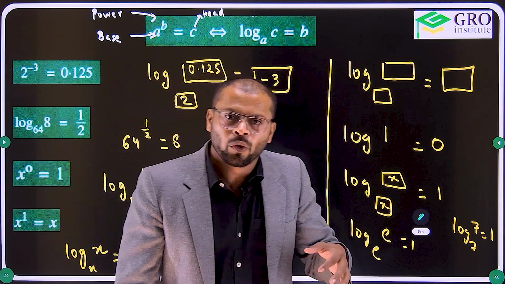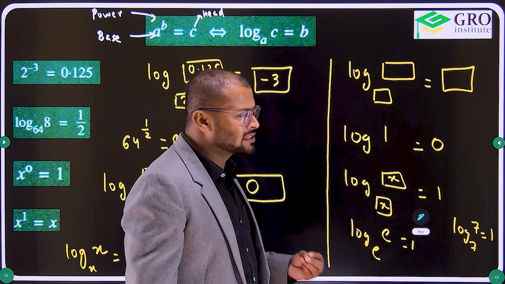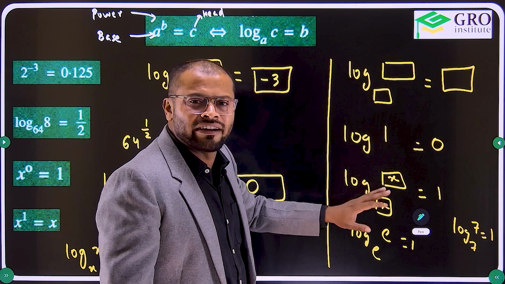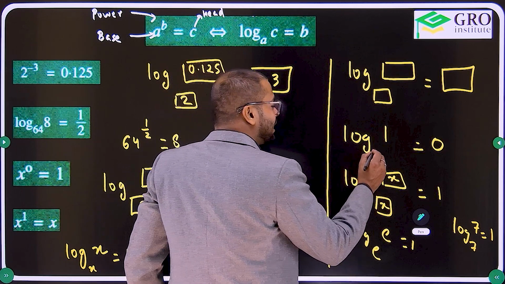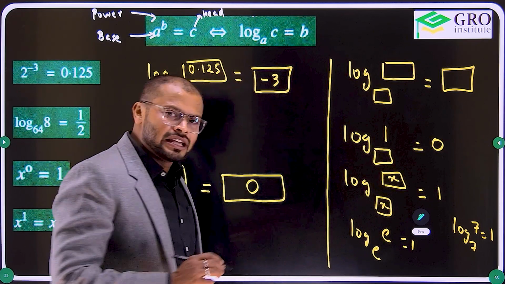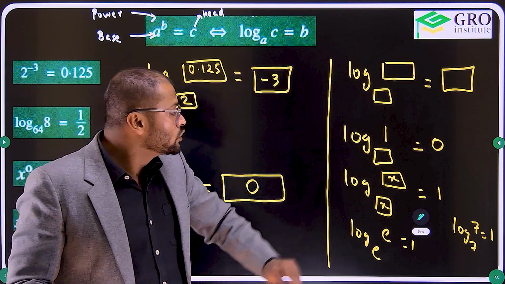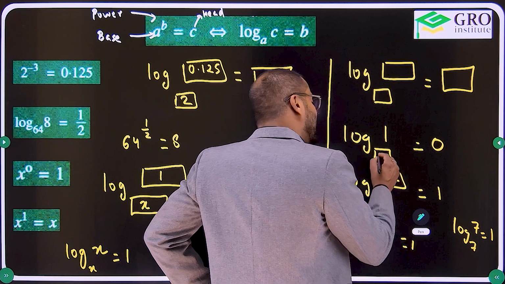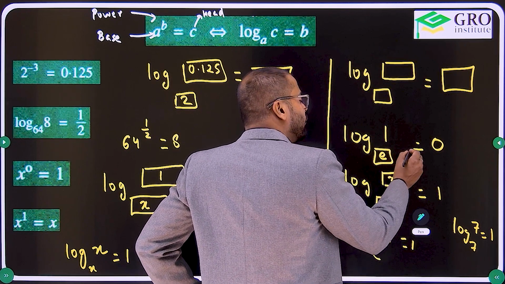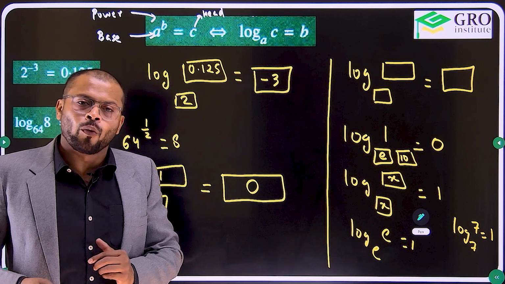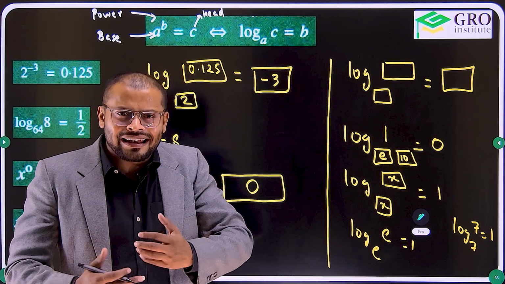Sometimes it happens that they have written log 1 and have not mentioned what is there in the base. They have written only the head. So at the base, you will find either e or 10. I'll let you know when to put e and when to put 10 in later videos.